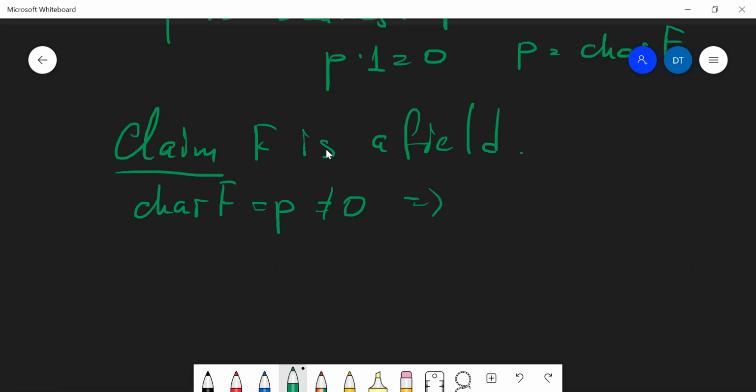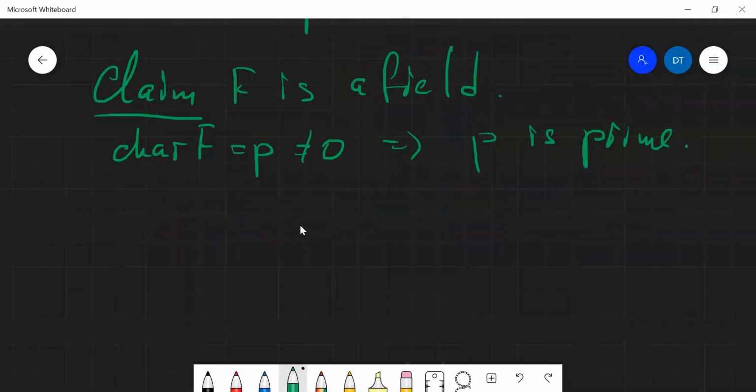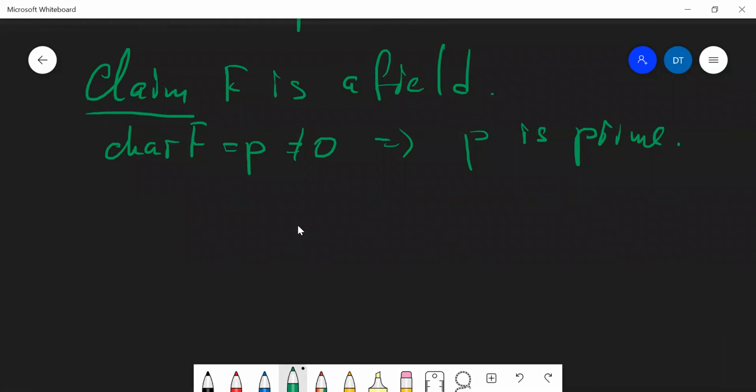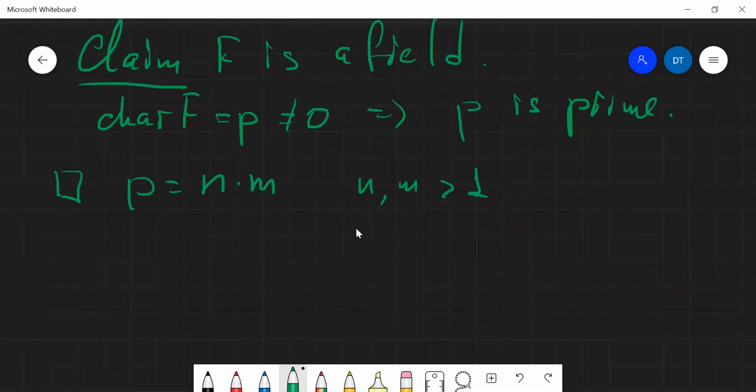Then P is prime. Okay. Suppose not. Suppose that P is equal to n times m, where n and m are strictly greater than 1, so they are positive integers.